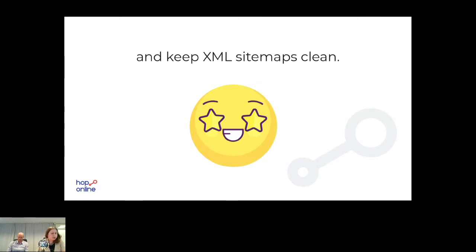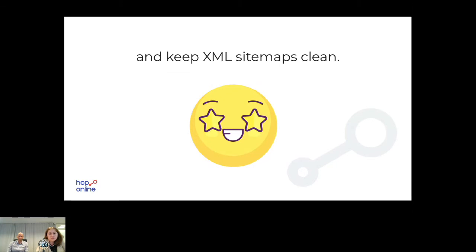Because what we very, very often encounter is that the XML sitemaps are not dynamic, so they're not updated on a regular basis, either every day or every couple of days. And what we get at the end is a sitemap which actually contains errors, redirects, or some pages with noindex tags, which is not a good way to optimize your crawl budget.